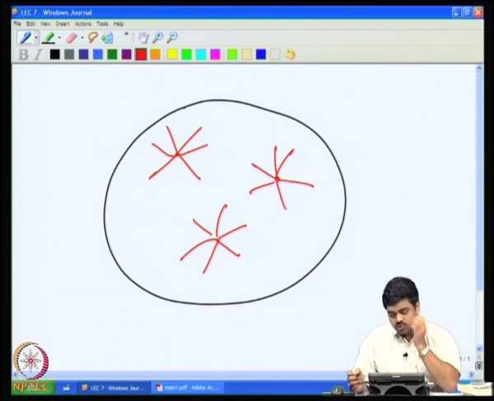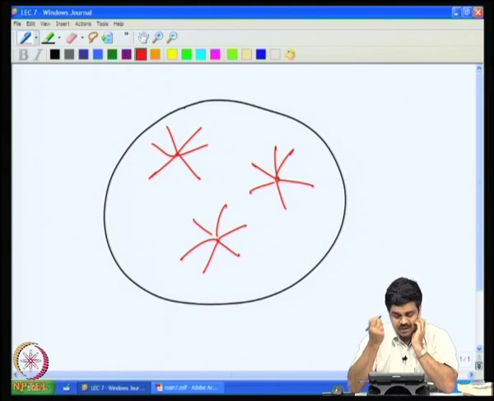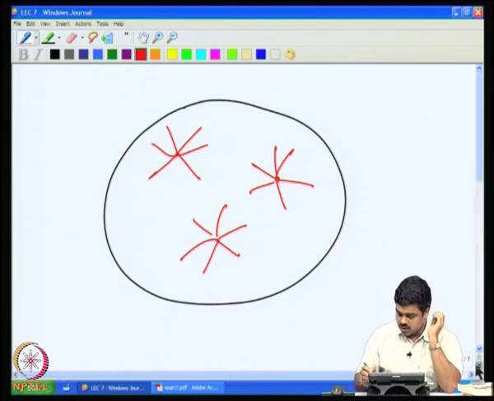Now, suppose I want to cover the vertices of the graph with the minimum number of stars, not necessarily the edges. For instance, let us look at an example.